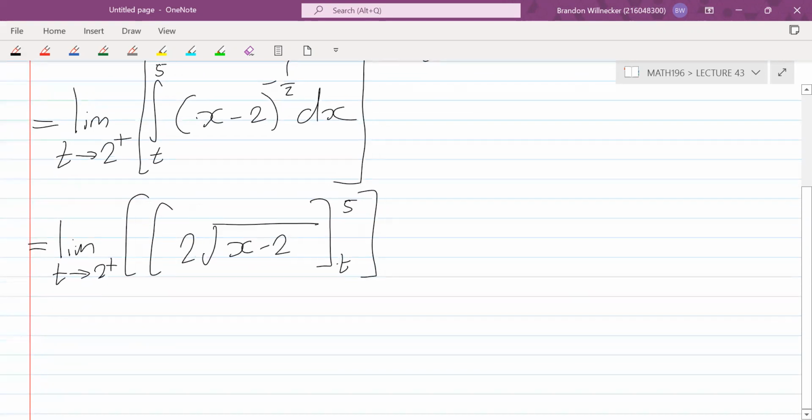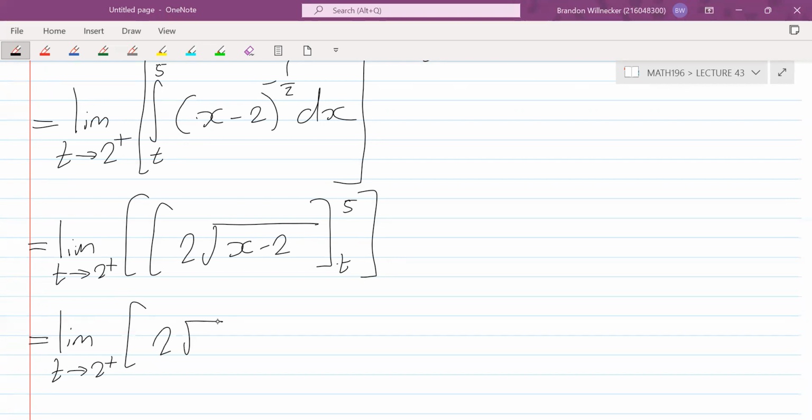Now we do the evaluation. This is the limit as t approaches 2 plus of 2 root 3, because if we substitute 5, we get 5 minus 2, that's 3, minus 2 root t minus 2.